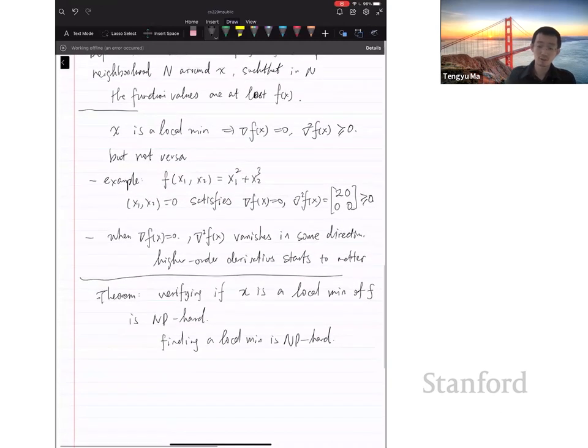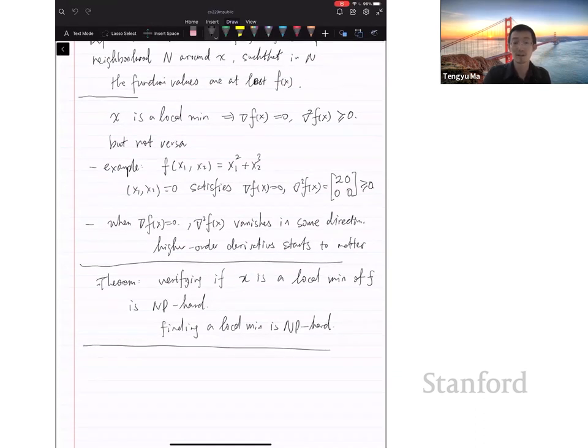So how do we proceed? If finding a local minimum is hard, then this plan doesn't work. The way to go beyond it is to remove some of the pathological cases as well, so that you can find a local minimum in polynomial time, and then we can execute our plan.